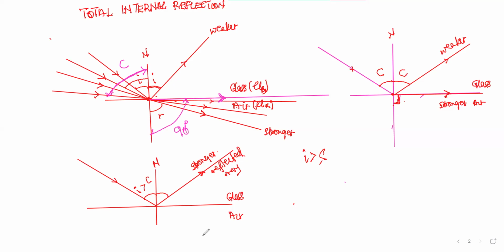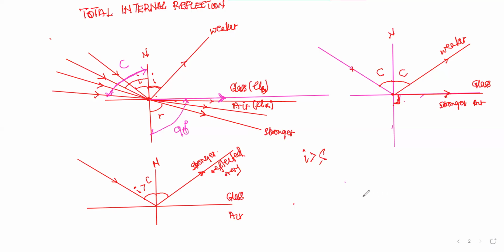Now note that every denser material has its own critical angle. So as we vary the angle of incidence, we'll get to an angle which will be equal to the critical angle of a material.